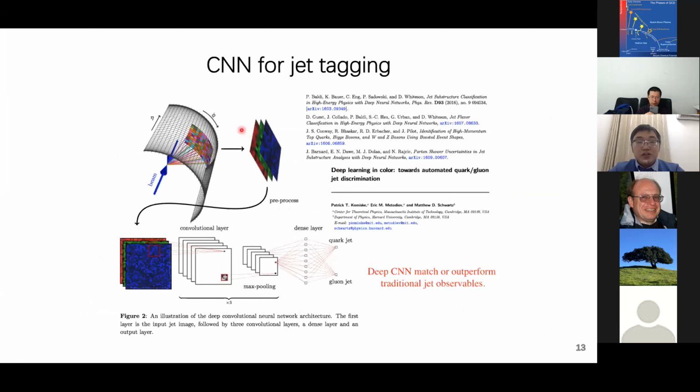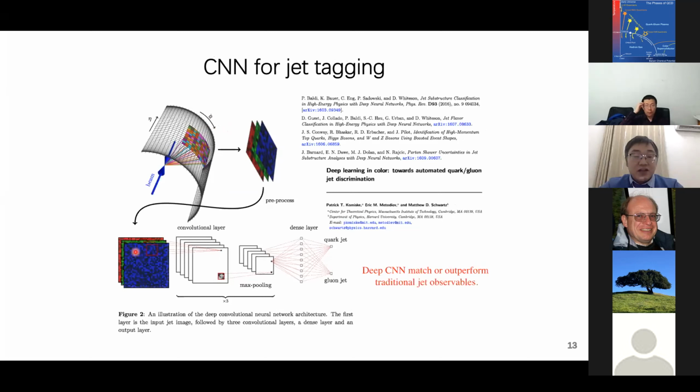This two-dimensional convolutional neural network is used for jet tagging, where the jet shower is represented as an image with X and Y being the rapidity eta and phi. And there are many different color channels representing different features of the data.